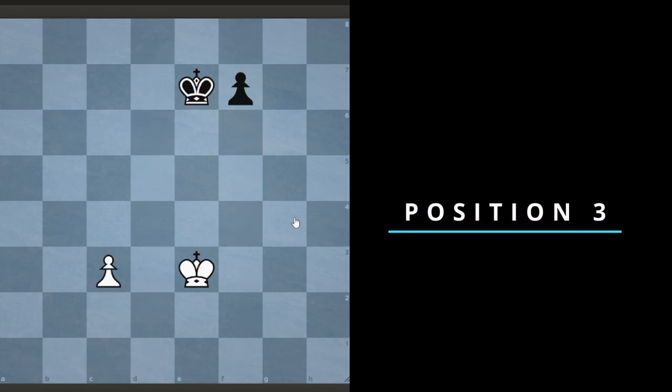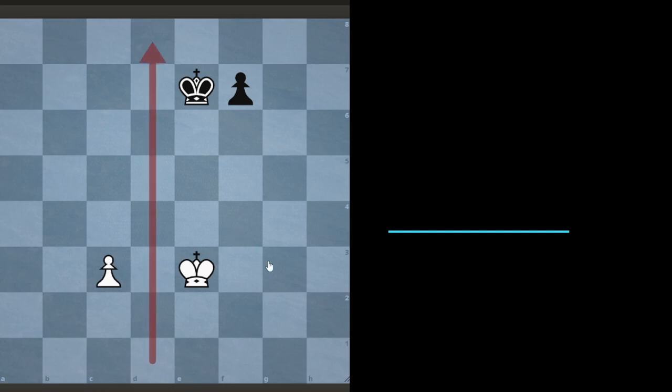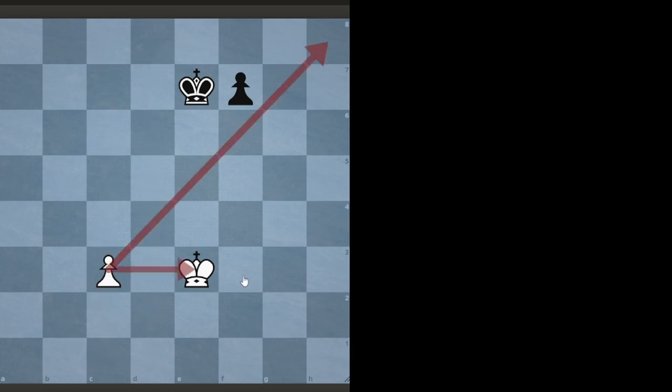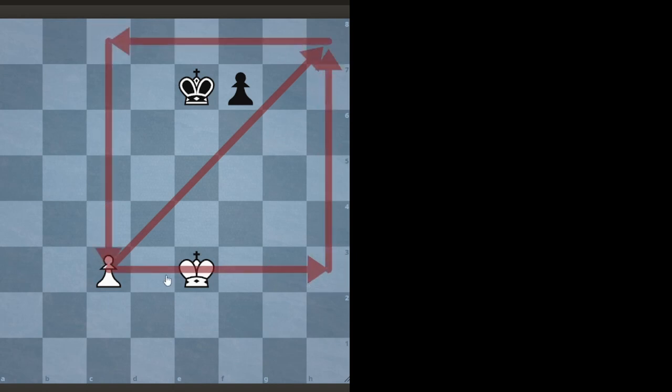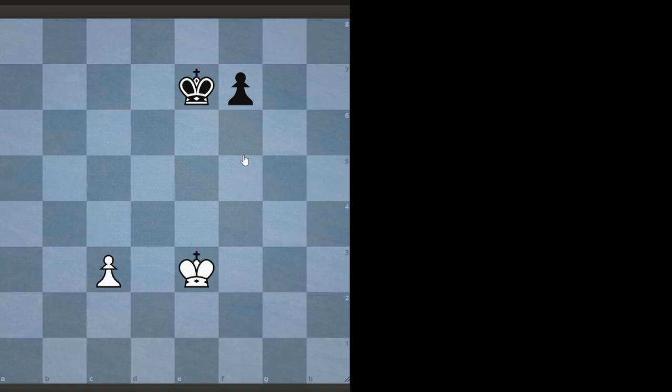And now another position. Previously the pawn was on the D file. At this moment the white pawn is even farther, because it's on the C file. But take notice, if we draw the pawn box, the black king is inside the pawn box. And what about the pawn box of the black pawn?